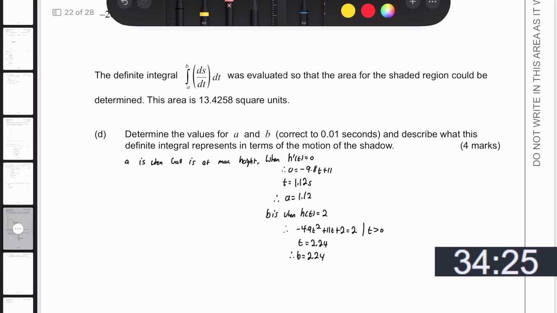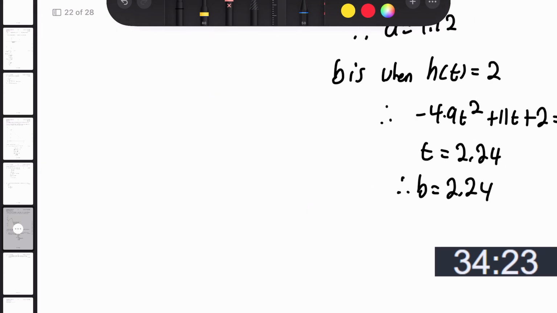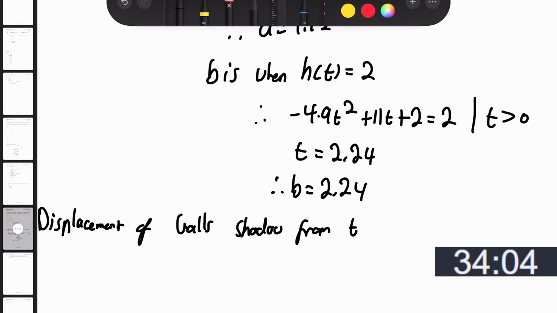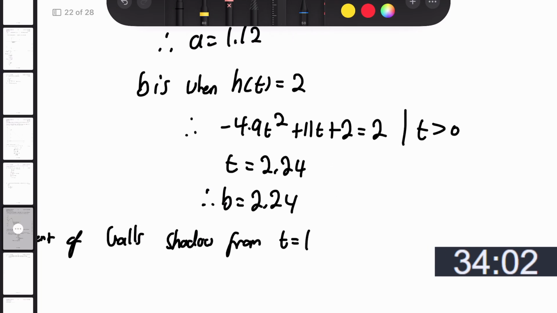So I'm going to say displacement of the shadow from t equals 1.12 to t equals 2.24.